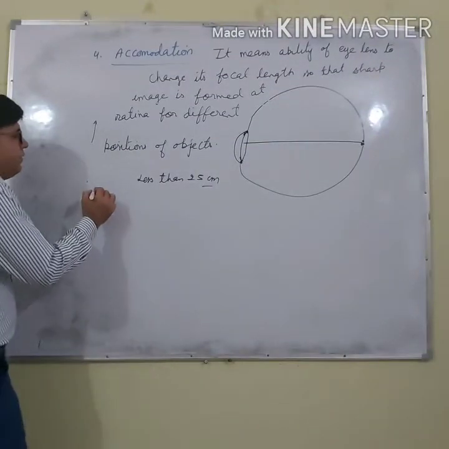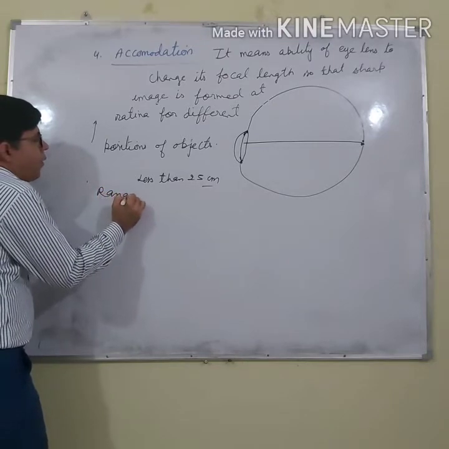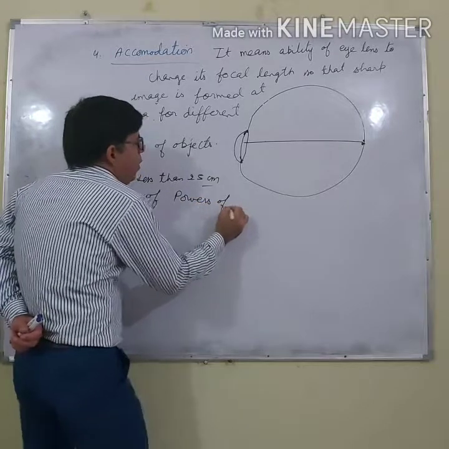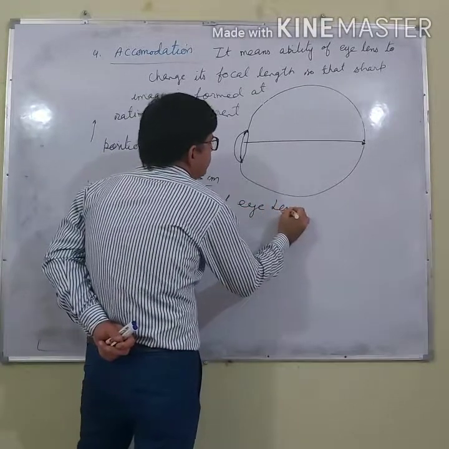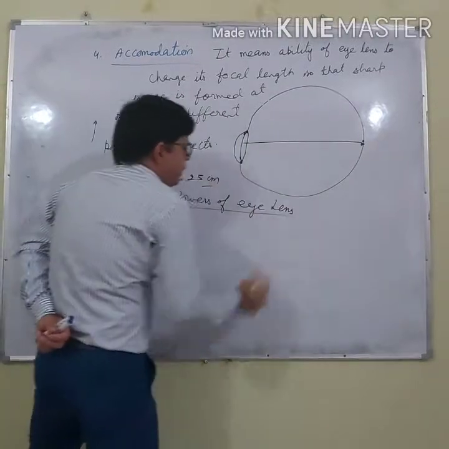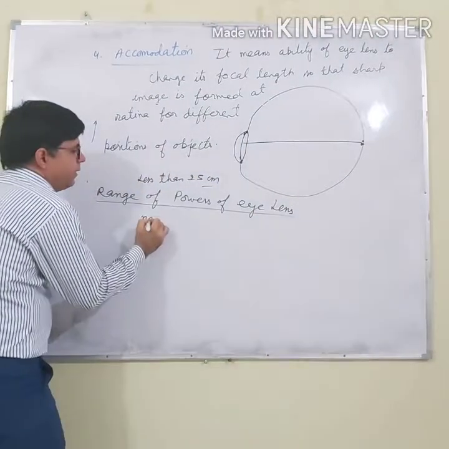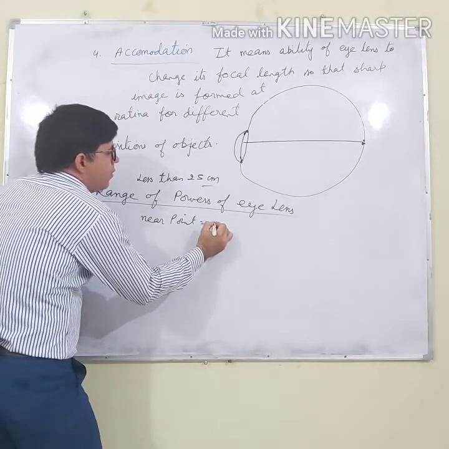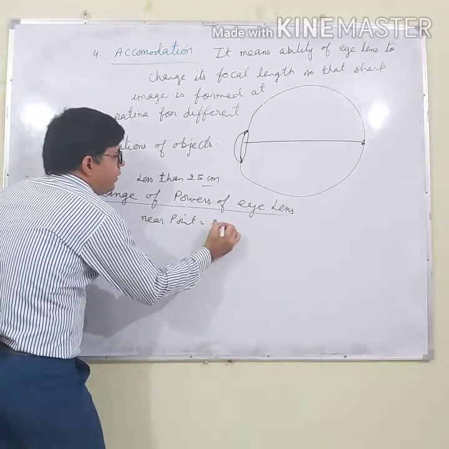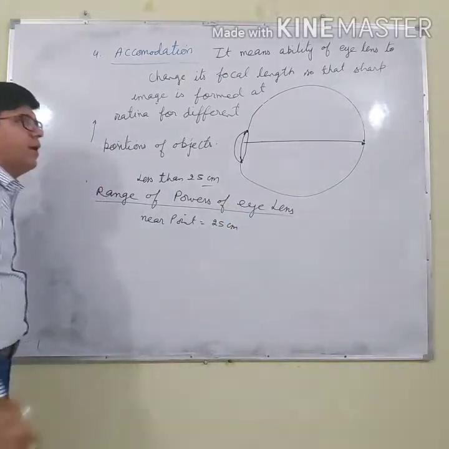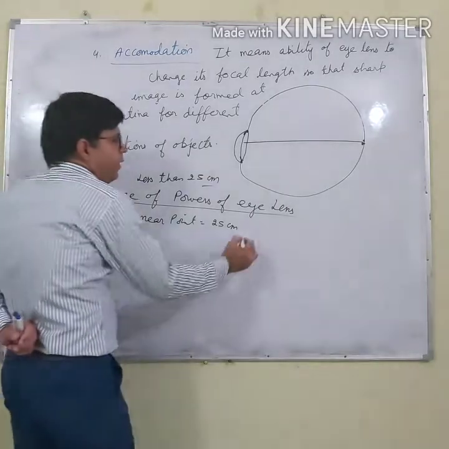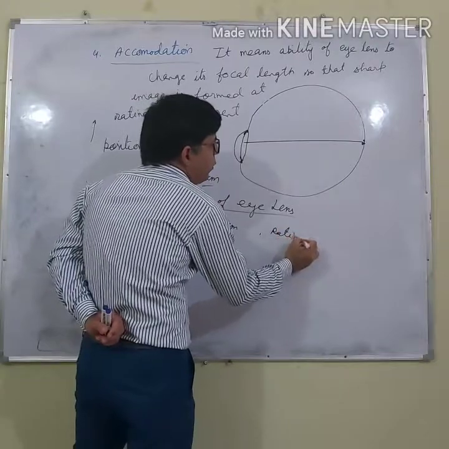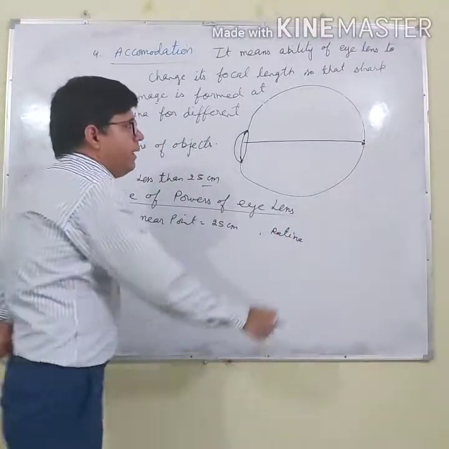Now, what is the range of powers of the eye lens? What is the near point? Near point is 25 centimeter. And where is the image formed? Its image is always formed on the retina, and the retina is here.